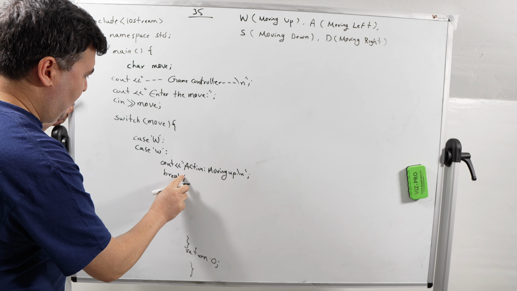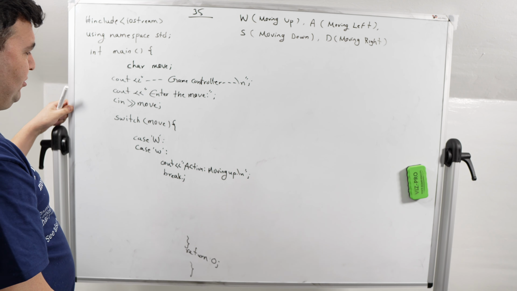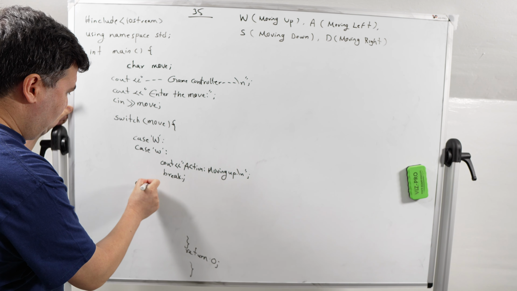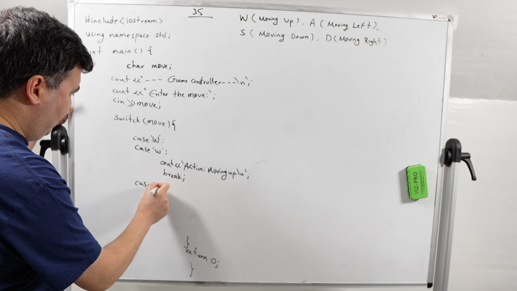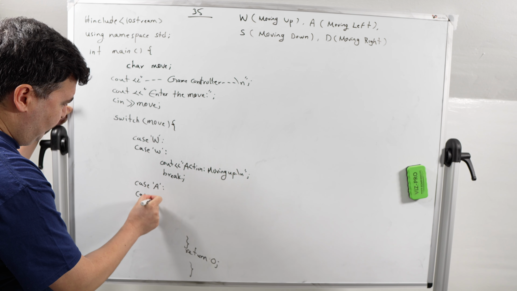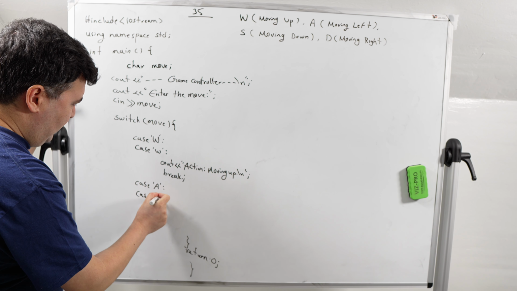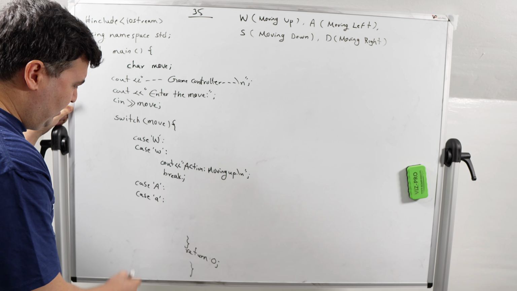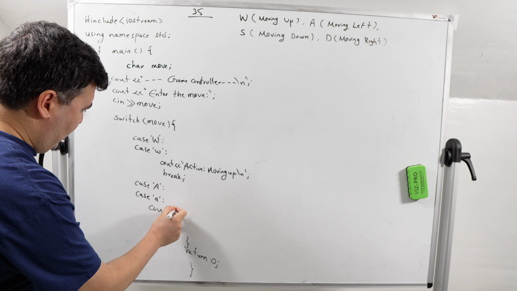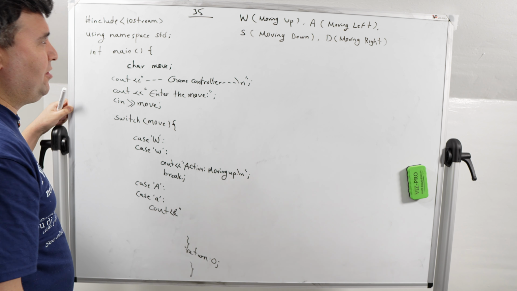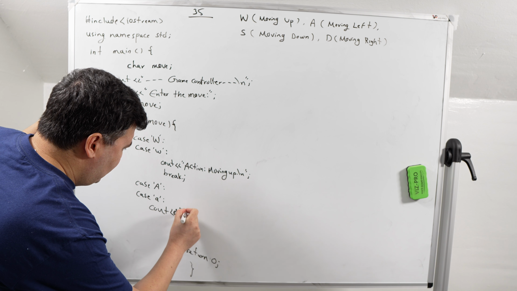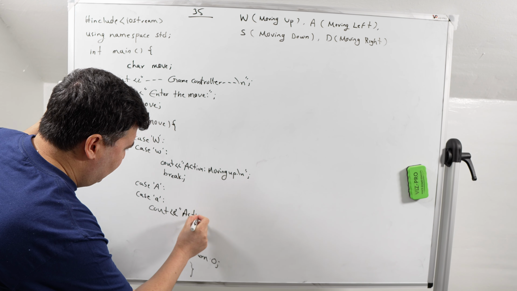If the user enters A, we check for case capital A or case small letter a. If the user enters one of them, we cout, in quotation, "Action: moving left".